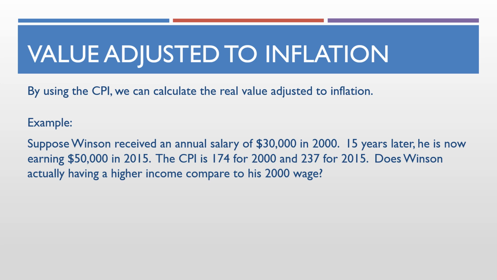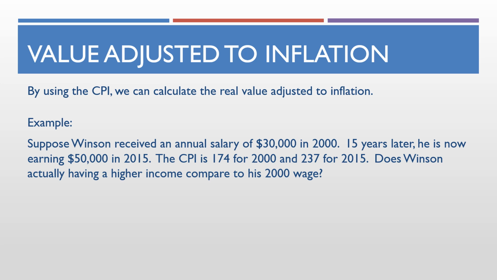Again, if you forget how to interpret this number, the index number does not tell you about the price level itself, but it's a relative index compared to the base year where we calculate the price level index. And in this case, does Winston actually have a higher income compared to his 2000 wages? Well, is $50,000 greater than $30,000?